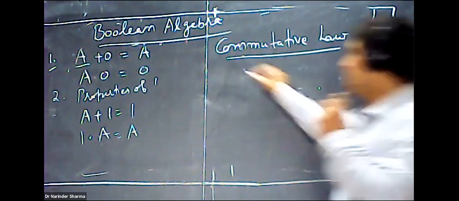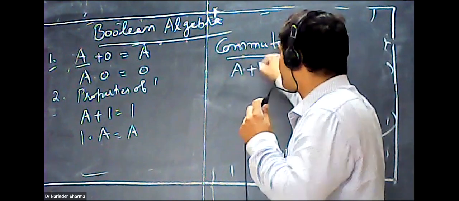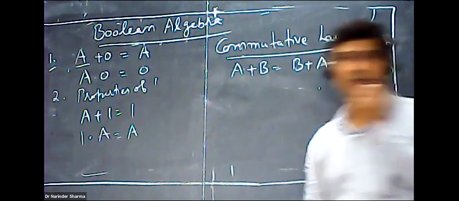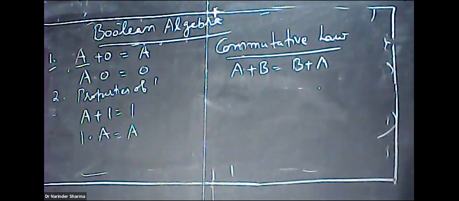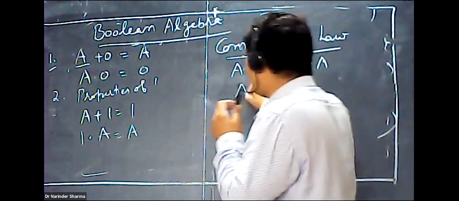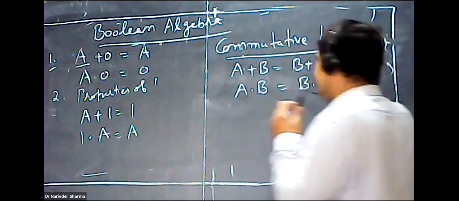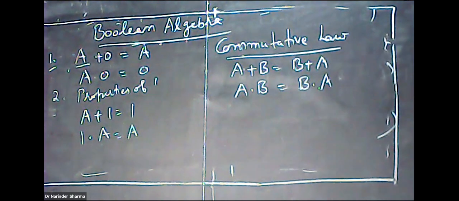So for Boolean variables A and B, A plus B is equal to B plus A. It holds good for addition as well as multiplication: A into B is equal to B into A.